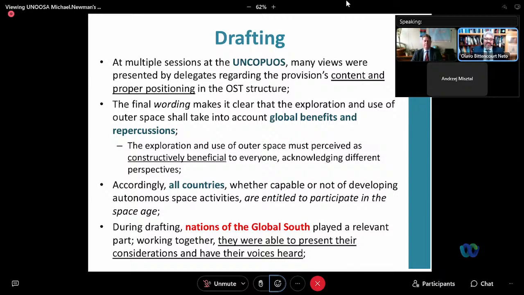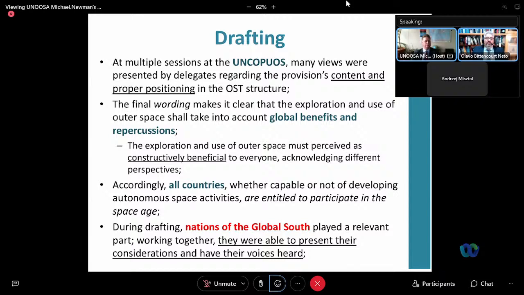In its essence, Article 1, Paragraph 1 of the Outer Space Treaty reflects the first principle of the 1963 Declaration of Legal Principles governing the activities of states in the exploration and use of outer space. And that first article reads as follows, and I quote, "The exploration and use of outer space shall be carried on for the benefit and in the interest of all mankind."